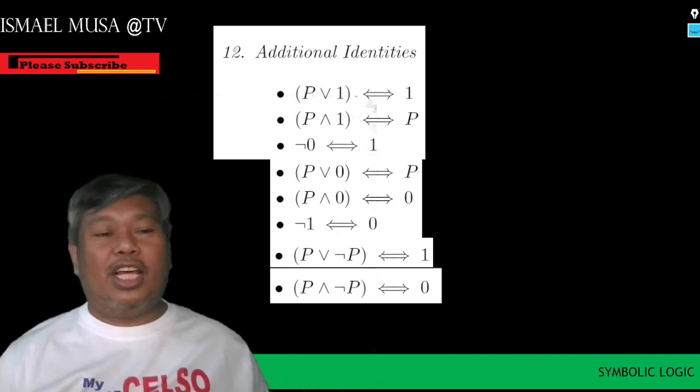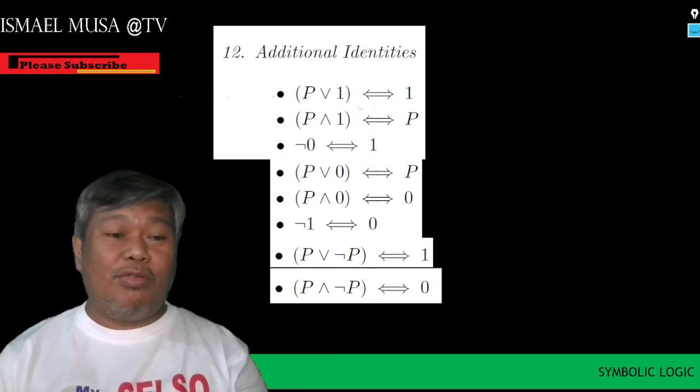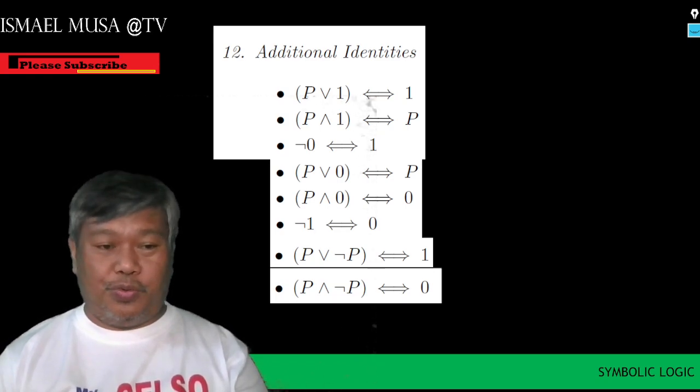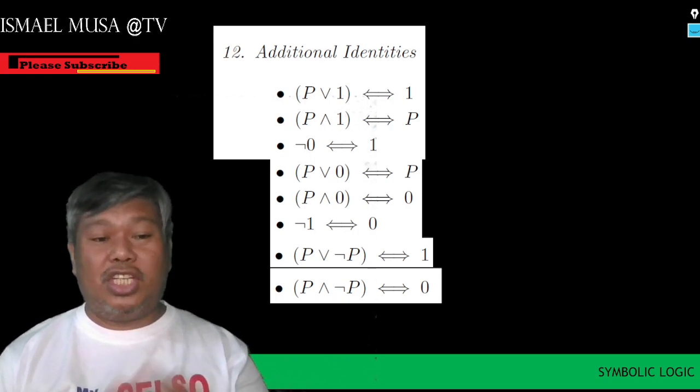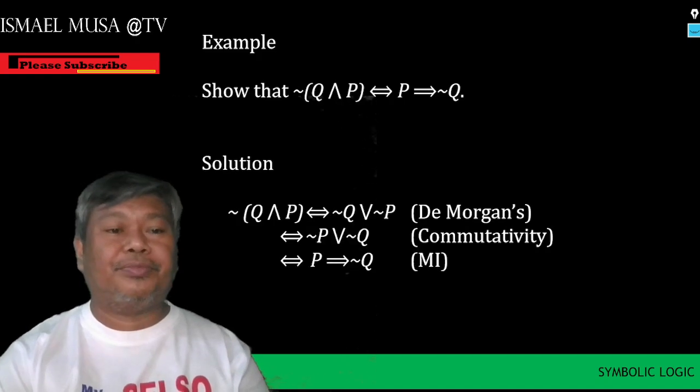Now we have additional identities here. We have P or 1, when we say P or 1, this 1 is true. So P or true, that is true. P and true, that's P. The not of false is of course true. So the one here is actually true. Okay, you can just change it in your paper manually.